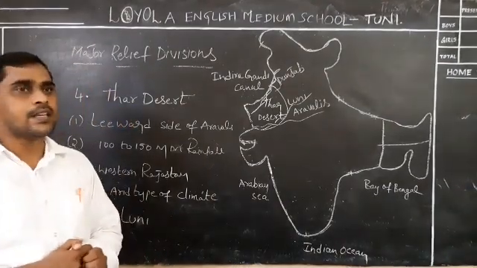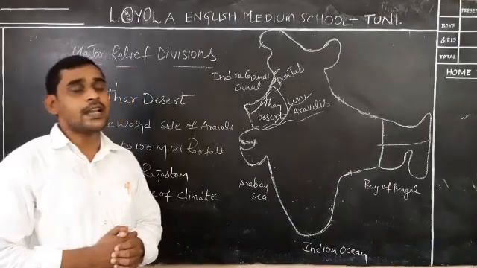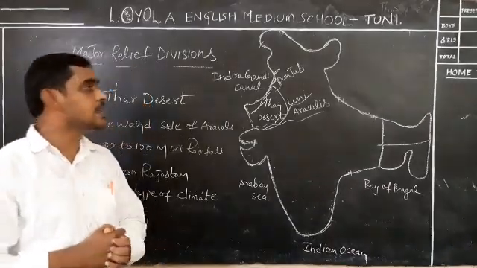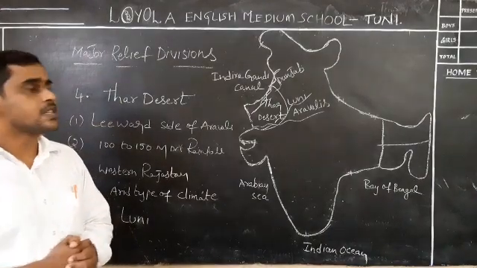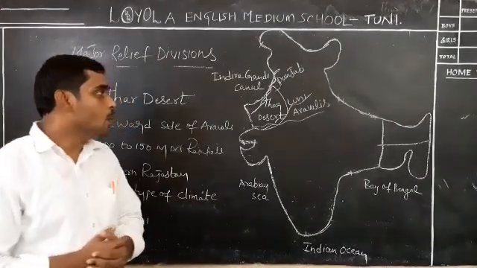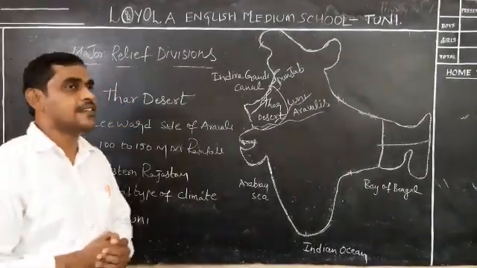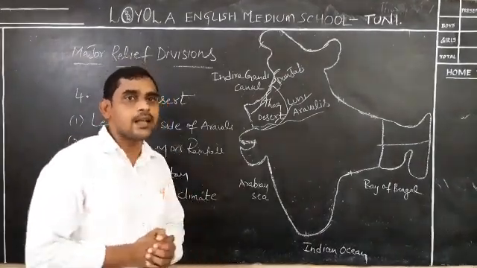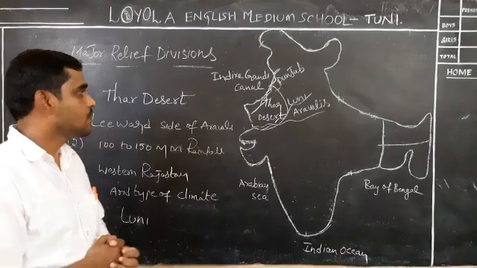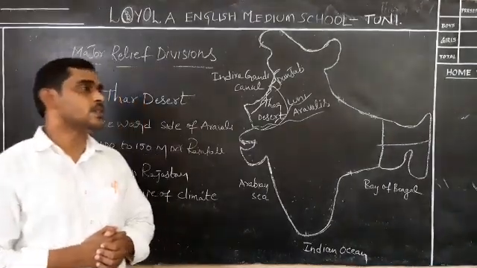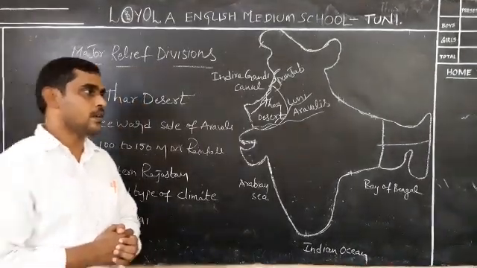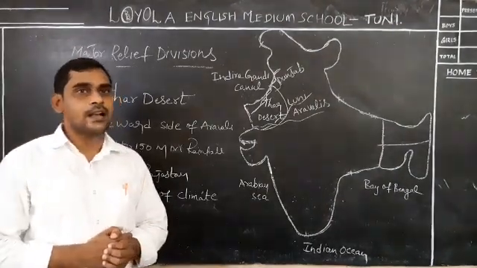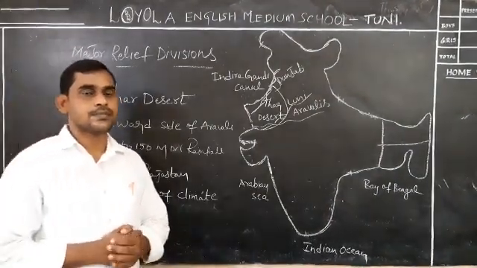So when they dug the 650 kilometers canal, as a result of that, most of the land in the desert area was brought under cultivation, and most of the land there was cultivated.